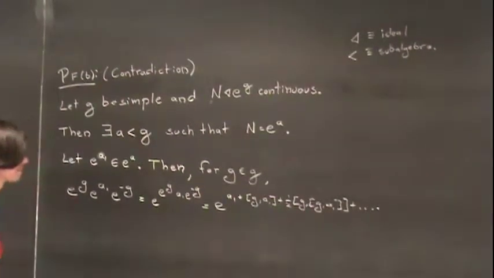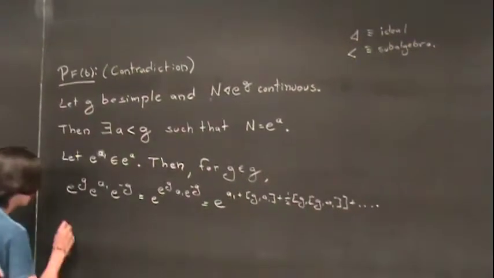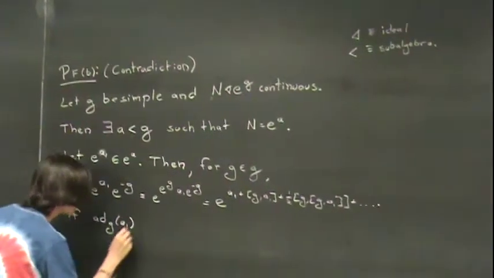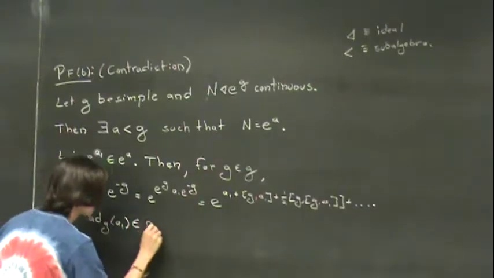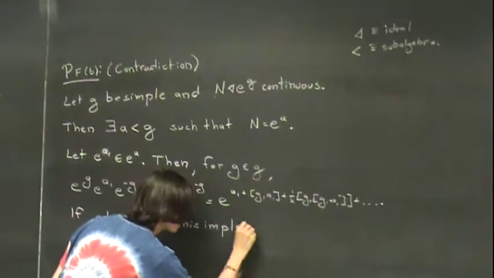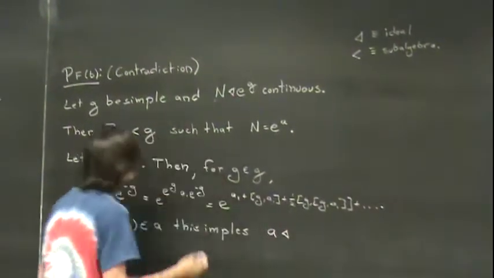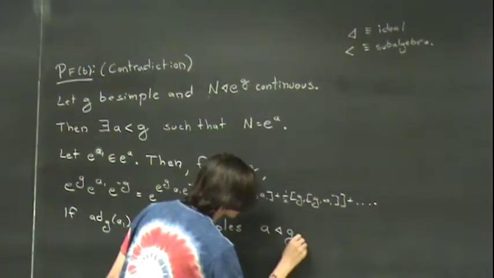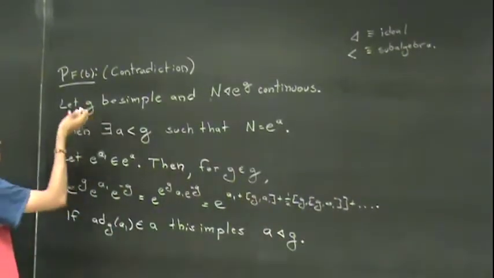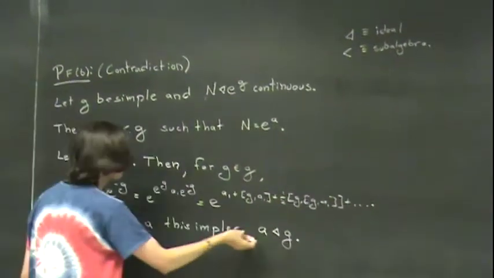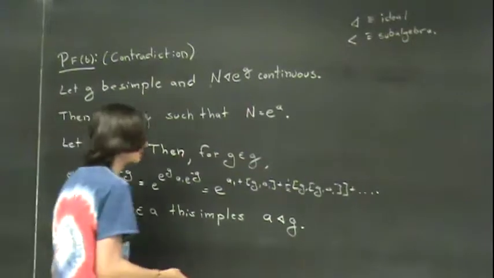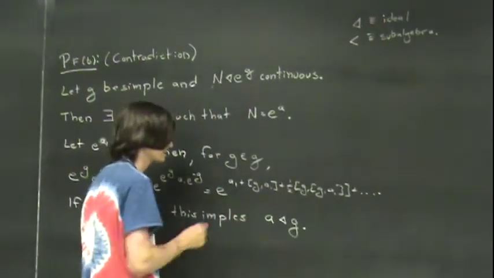And so the idea is to notice that if the commutator of G and A1 was again in A, this implies that A is actually an ideal of G. But that can't be true, because we assumed that it was simple. And so the only thing that this could be is 0.